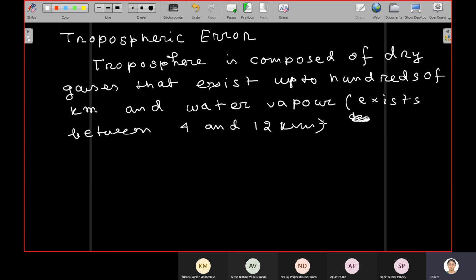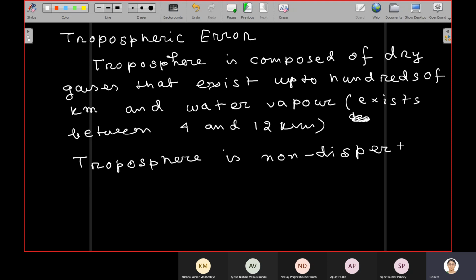Okay. Now, since we do not have any charged particles or free ions here, the troposphere is non-dispersive, unlike the ionosphere. I'll quickly note the implications of this and stop.